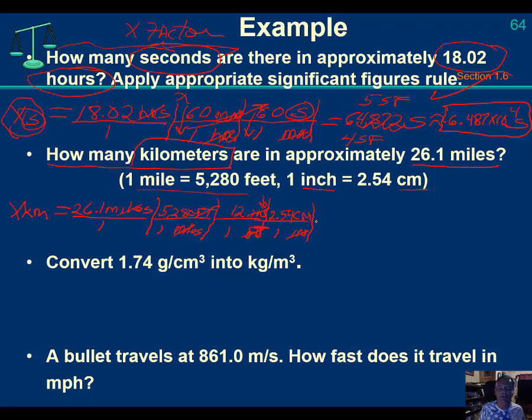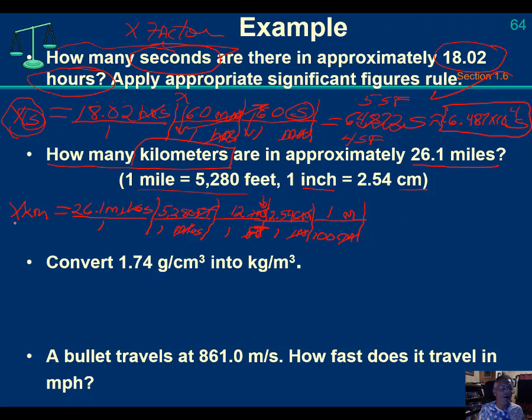I now have centimeters. And if you remember from your metric prefixes, we can put centimeters down here, and we can go to meters. Now meters is the larger unit, so it gets the 1. And if you remember, there are 100 or 10 to the second centimeters in 1 meter. When I multiply and divide across, centimeters cancels. I'm now in meters.